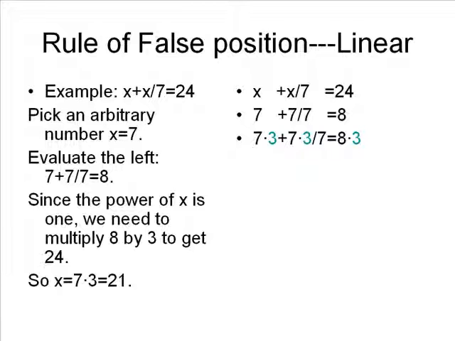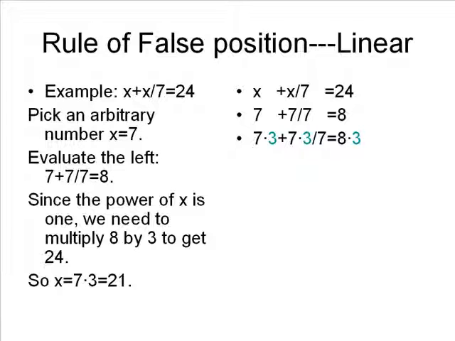That means our answer should be 7 times 3, which is 21. So the idea is to guess the answer first and make corrections for the answer. Okay, that's a linear equation.